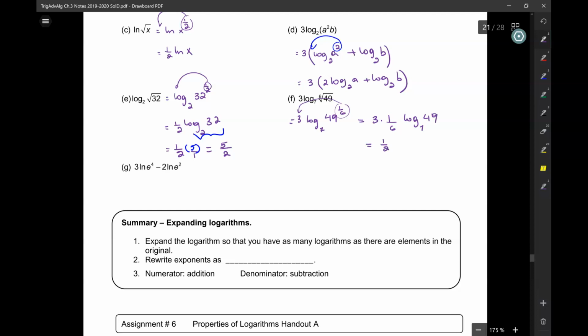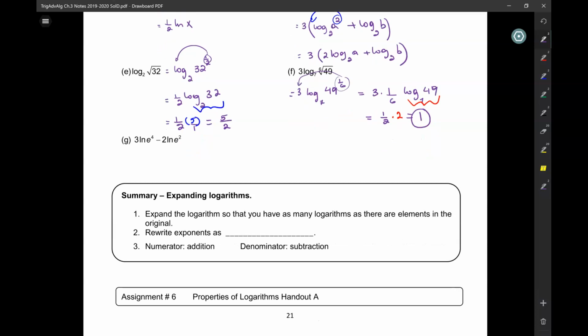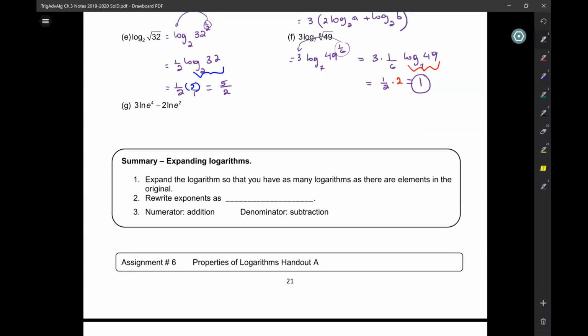That's 1/2. And how much is this? 2. And together that's 1. Who would have thought this complicated thing is just equal to 1? Right? Plot twist. Okay. Here we go.